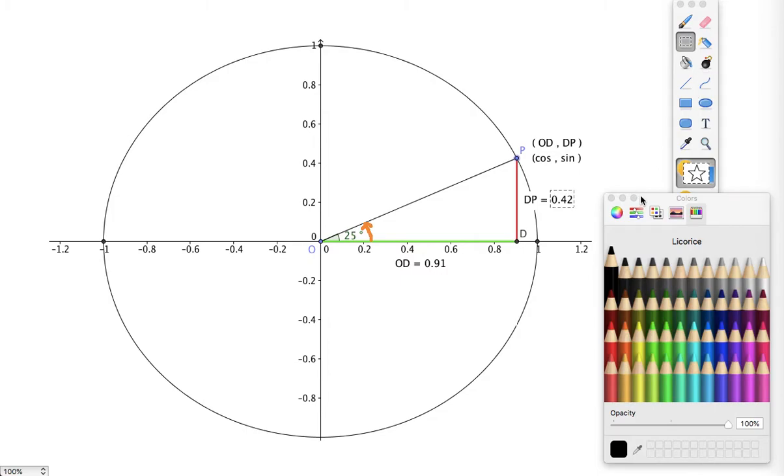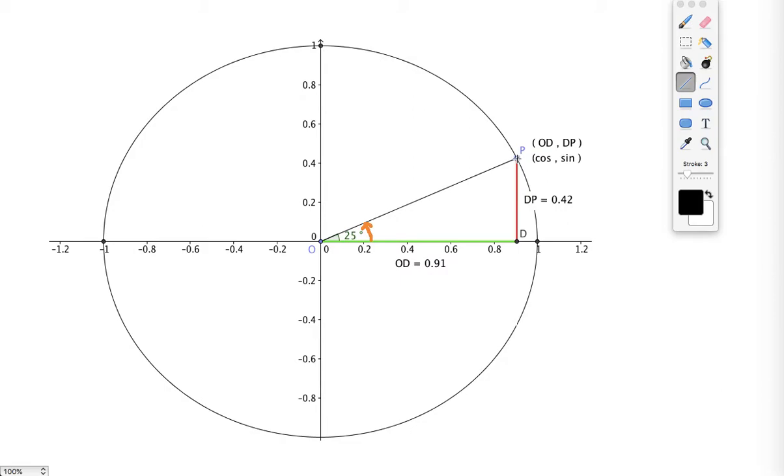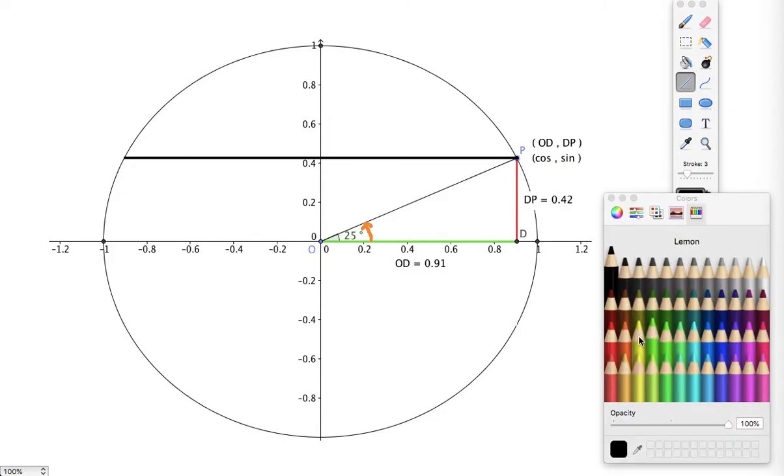Since sine is related to the y-coordinate, what we can do is find where else on this circle has the same y-coordinate, where else has the same height. So if I draw a nice little horizontal line to here, this point right here, actually let me use a different color, this point right here has a sine value that is the exact same as this point over here.